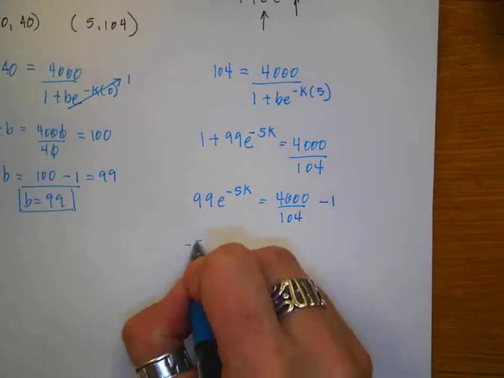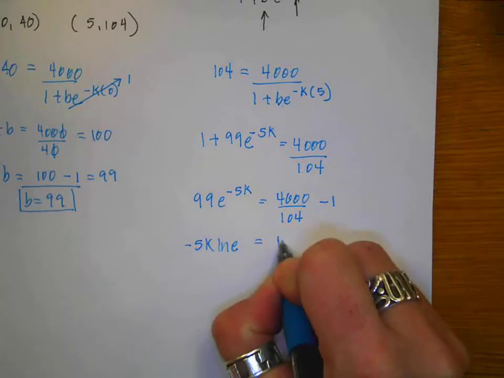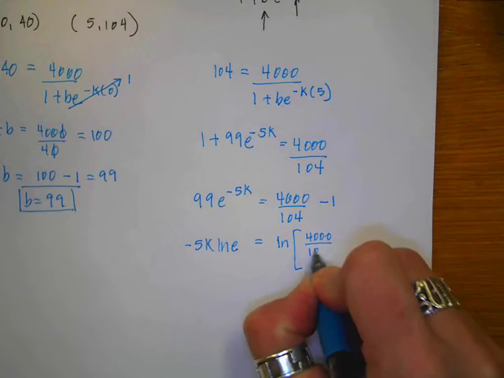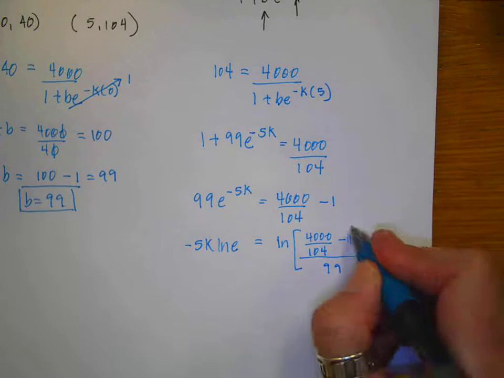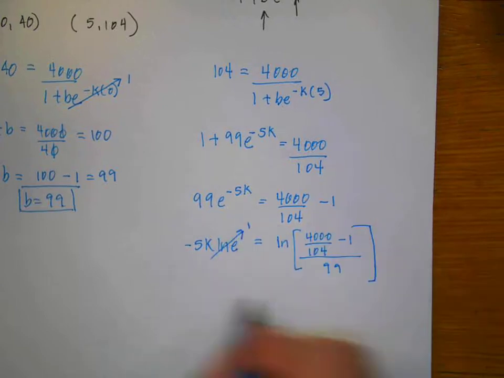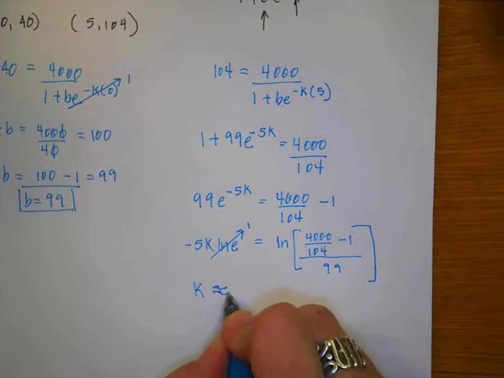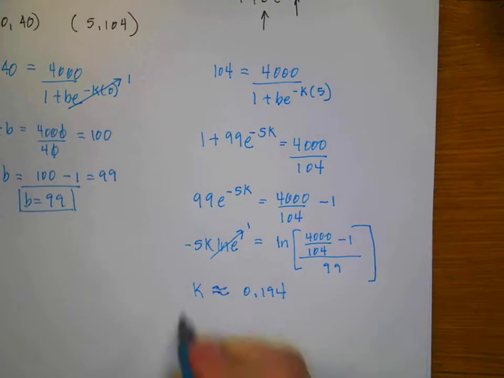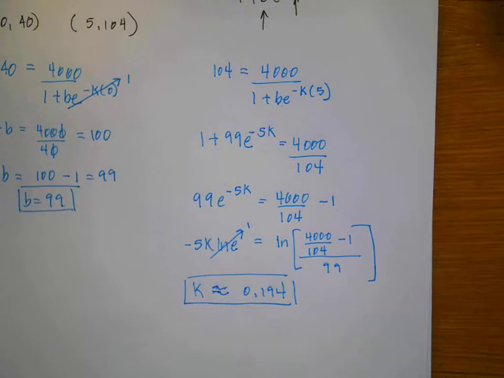And then I'm still trying to solve for k. So negative 5k natural log e is the natural log of 4,000 over 104 minus 1 divided by 99. Okay, this goes to 1. And so when I do all of that math in my handy-dandy grapher, I get that k is approximately equal to 0.194. Okay, so there's the second piece of information that I was trying to find.